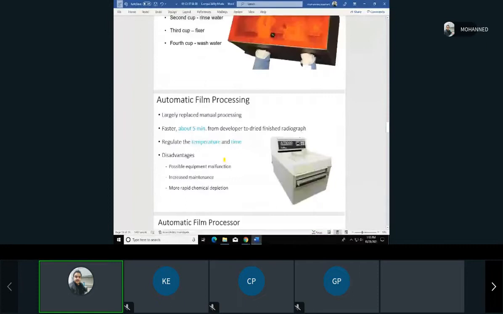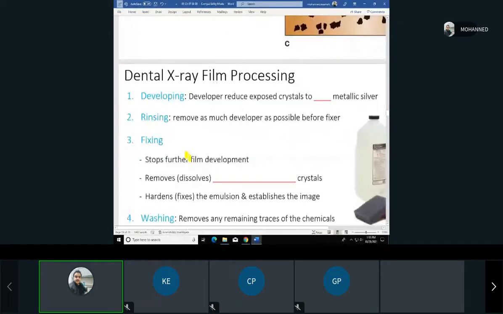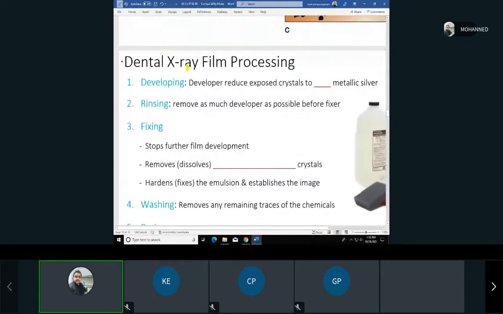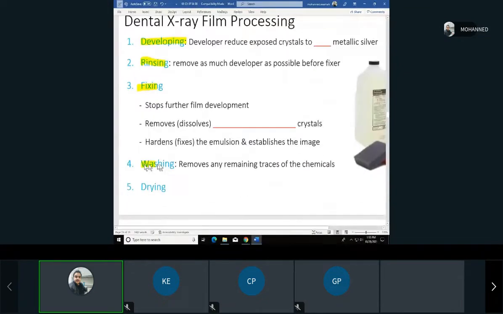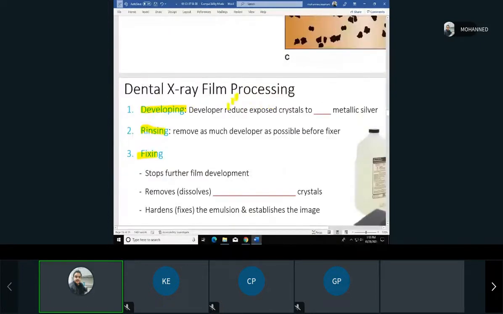Okay, let's see where we are. So we have the solutions or the chemicals. Sorry, the steps for the processing. You have developing, rinsing, fixing, washing, and then drying. So for the developing, you use the developer chemical. It will reduce the chemicals to black, metallic silver, and then rinsing would remove as much developer as possible.